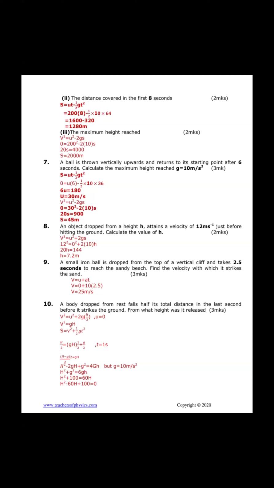But while dealing with motion under gravity, the acceleration will change to G. While you were doing this topic before you went home, some introductions were done that all freely falling bodies are attracted towards the center of the earth with uniform acceleration called the acceleration due to gravity.